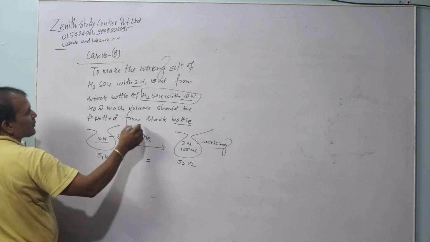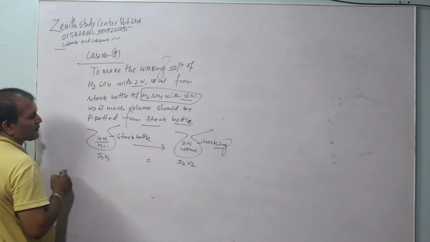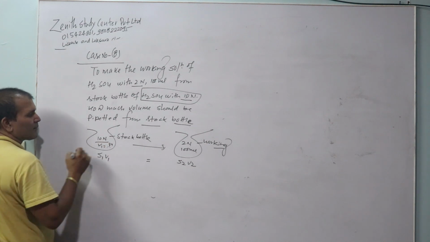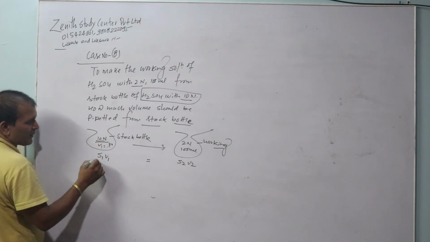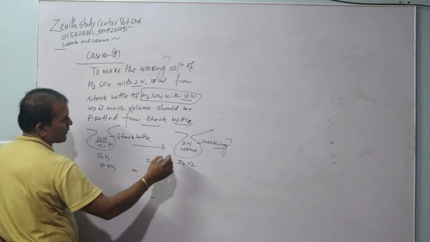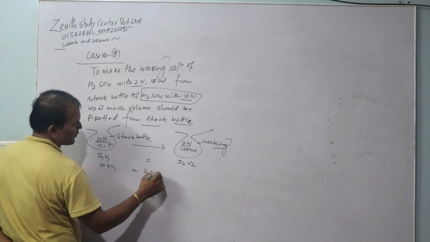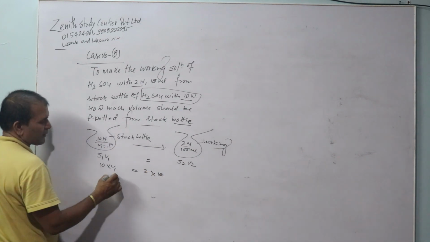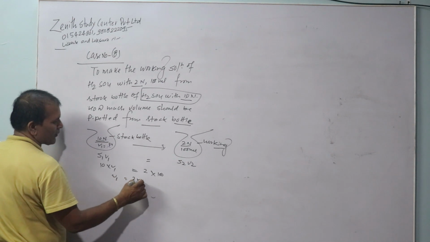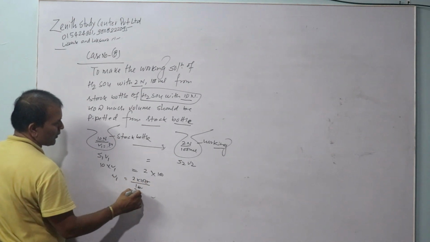So how much volume should be pipetted from the stock? It means, what is V1? So at that condition, we have strength 10 into V1 equals, what is the strength of working? 2 into V2, 100. So V1 is equal to 2 into 100 by 10, 20 ml.